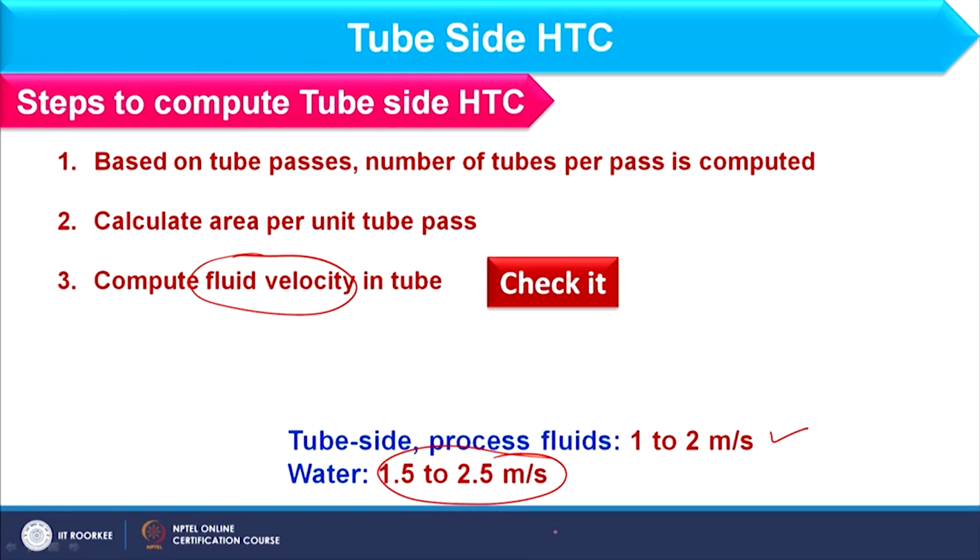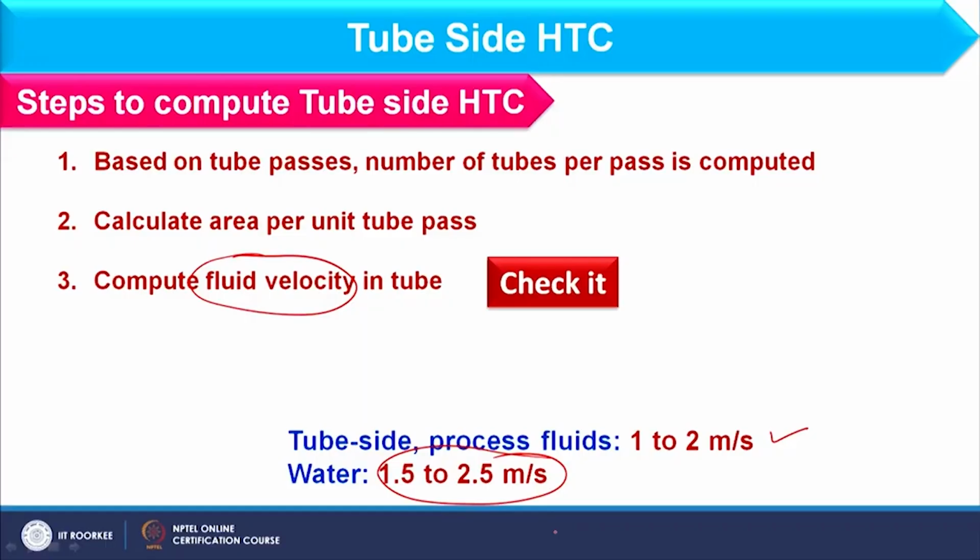So, in that way you can check whether the velocity is falling within the range or not, and if it is not falling within it, you have to change the pass. If it is less than the minimum value of this range, you should increase the pass, otherwise you should decrease the pass, right. Or if some small changes are required, that can be done through a change in tube dimension.